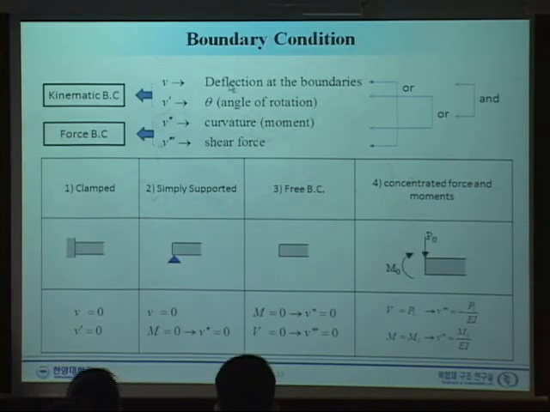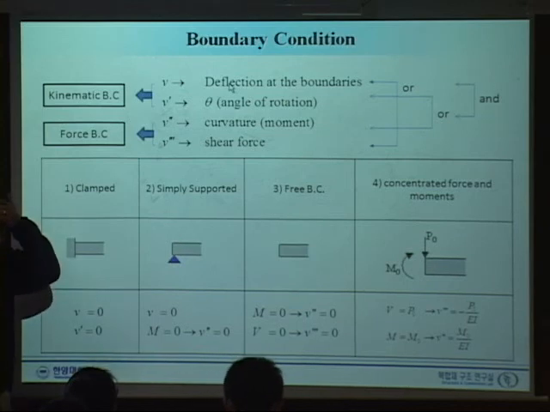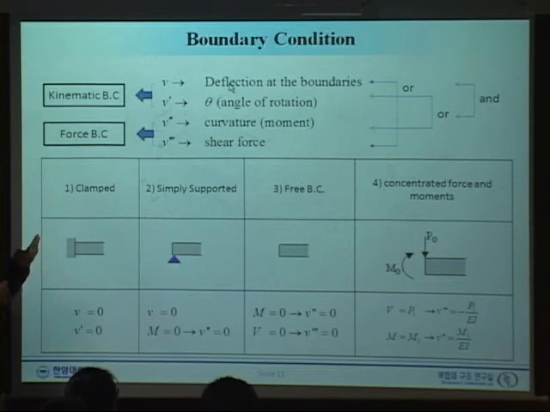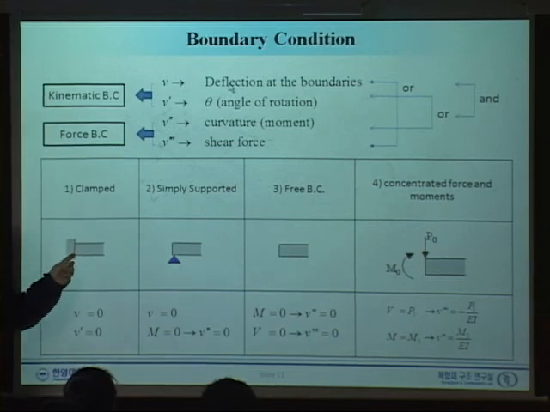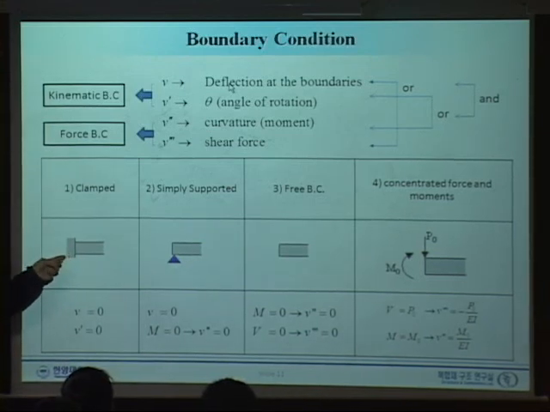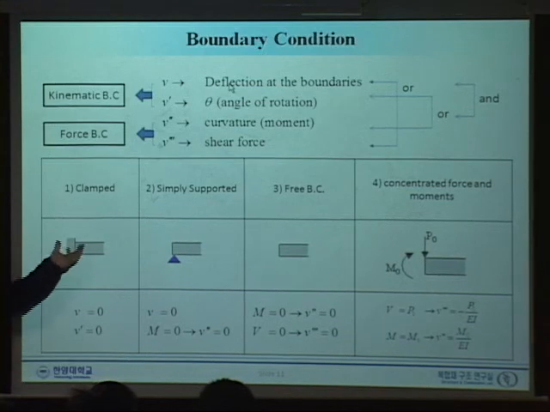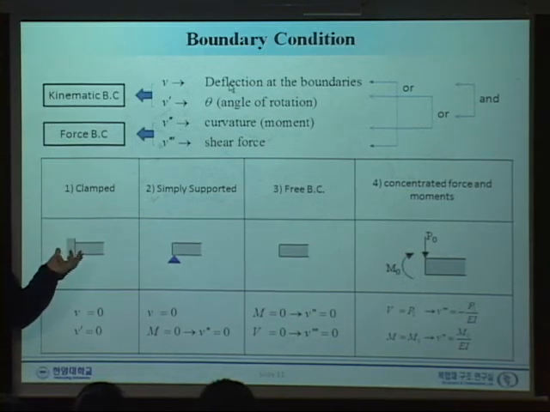Now, boundary conditions. We need to have 4 boundary conditions to solve the differential equation. And what kind of boundary conditions do we have? We need to understand. Okay, for instance, clamped. Well, this is a very typical boundary condition. In the clamped case, what kind of conditions are given?